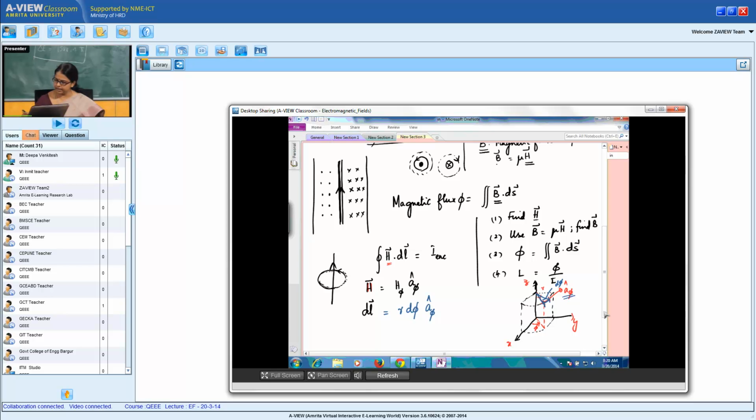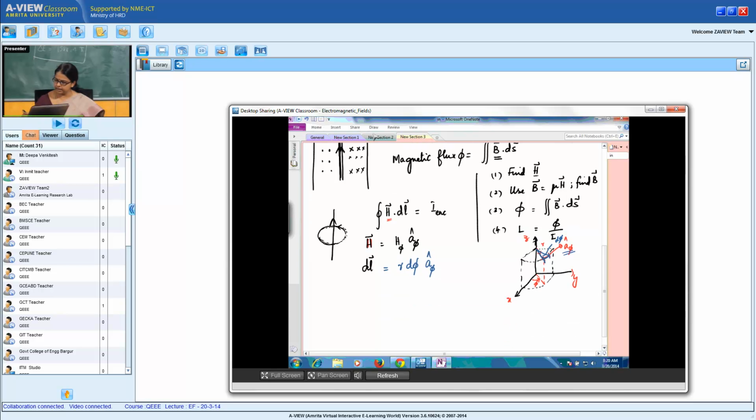Alright. So my H dot dl integral, the dot product, both of them are in the direction a phi. So cosine of the angle between them is 1, and I want to do a complete loop integral, which means I have to traverse from this end all the way, and go back to this end. While I am traversing around this loop, my r is not changing because I am at the same distance from the axis.